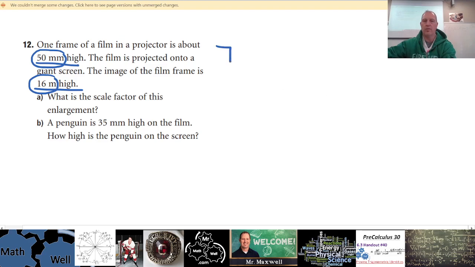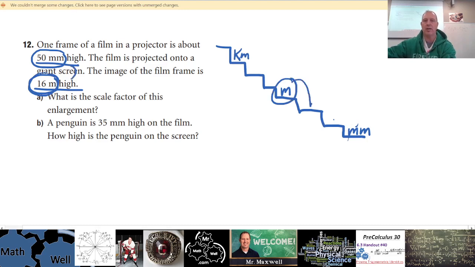So if you think about this metric staircase, and you should have it in your notes there, I'll try and redraw it here. So if this is millimeters here, we're going millimeters to centi to deci to meters to deca to hecta to kilometers, so on. So millimeters to meters. Look at this. Let's convert 16 meters to millimeters.